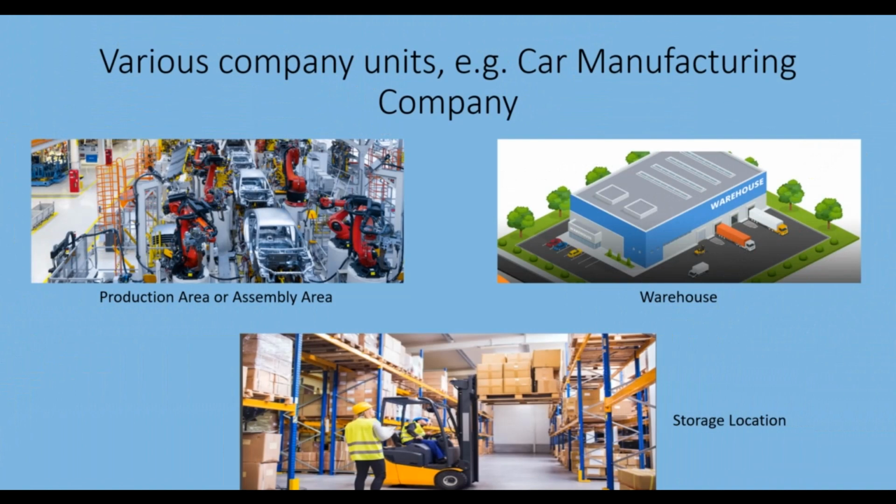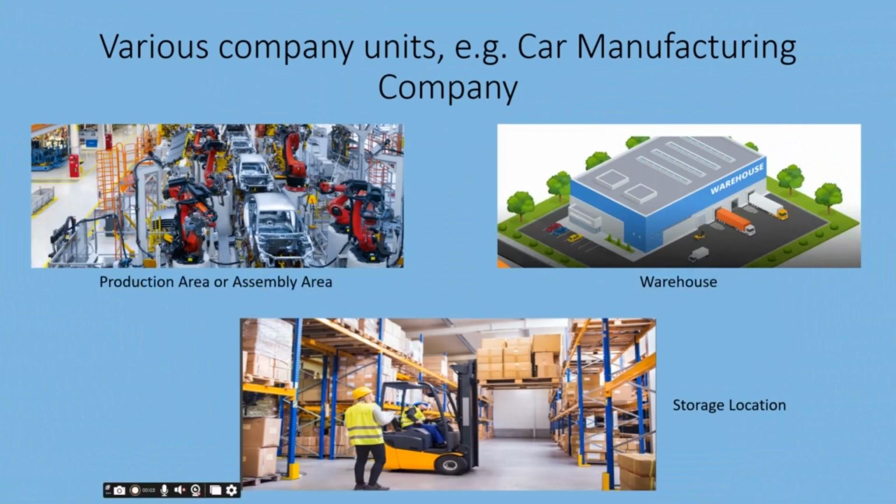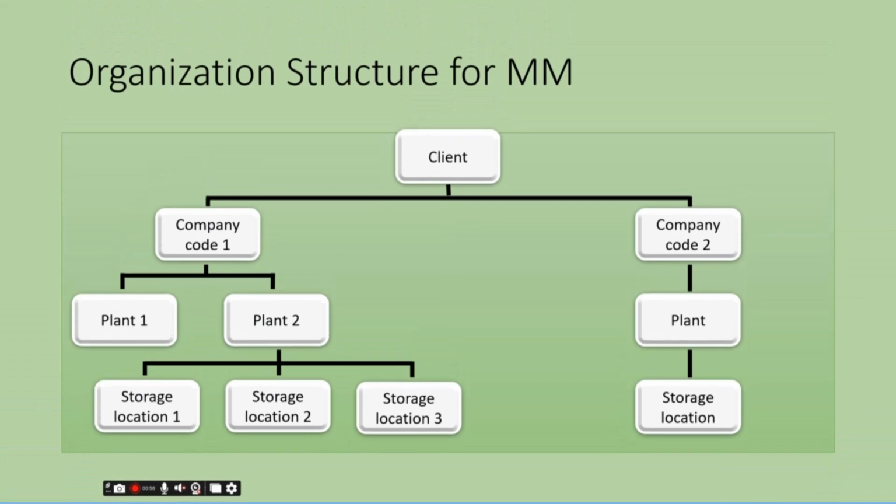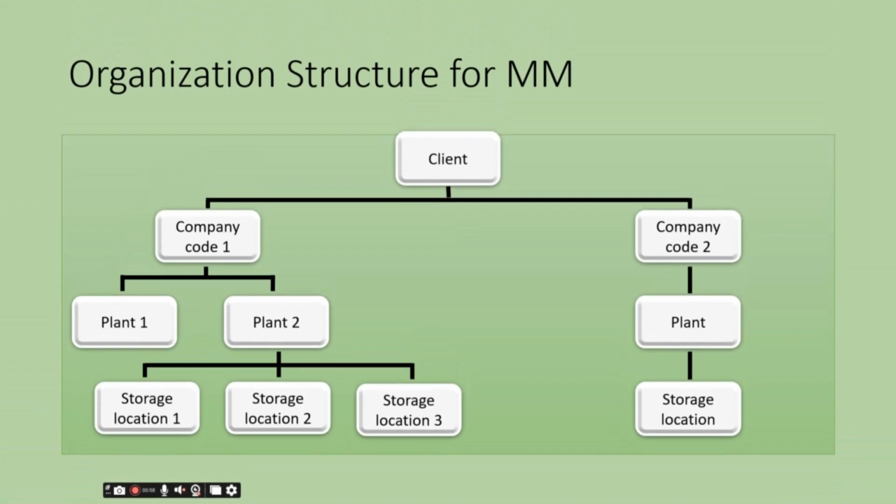Let's take a car manufacturing company. There will be a production or assembly area, a warehouse or storage location, and a post-production area, etc. Look at this slide. We see production or assembling area, warehouse, storage location. In any manufacturing company, mostly these three sections will be there.